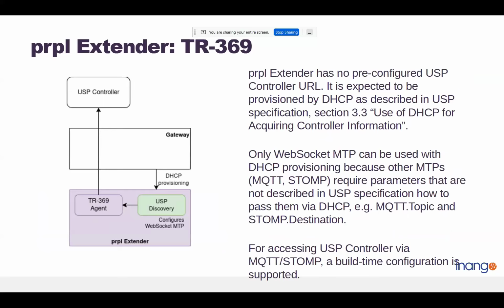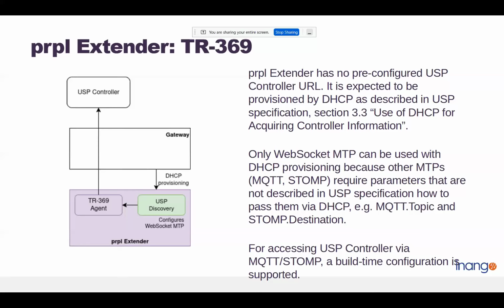USP management. DHCP provisioning of USP agent in extender is implemented as described in USP specification in section 3.3. The new component USP discovery looks for received DHCP option 125, exactly the same as it works for TR69 agent.